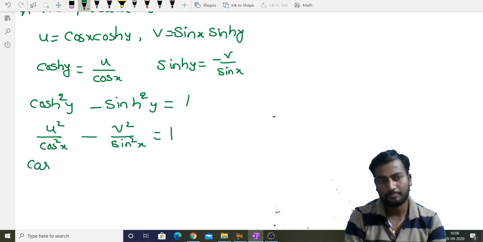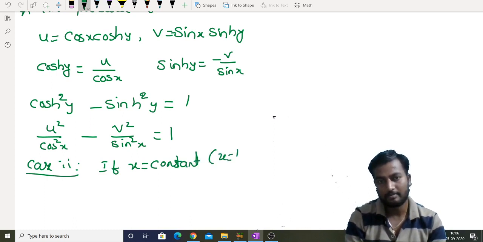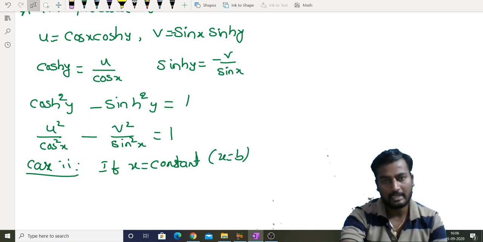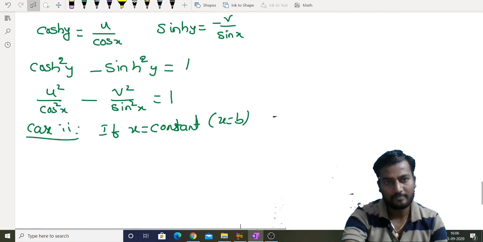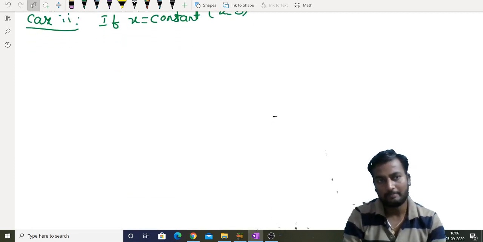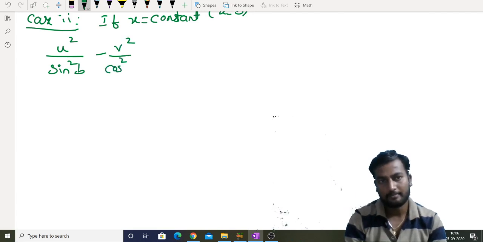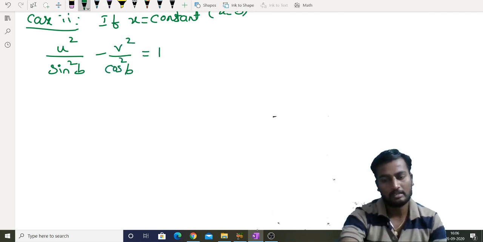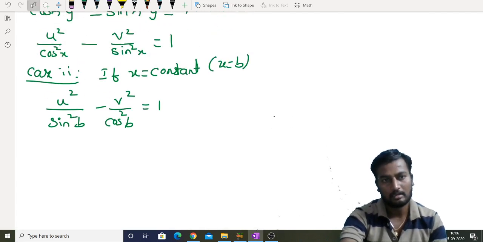Now case 2. If x equal to some constant b, that means a line parallel to the y-axis. Then it is u square by cos square b minus v square by sin square b, which is equal to 1.